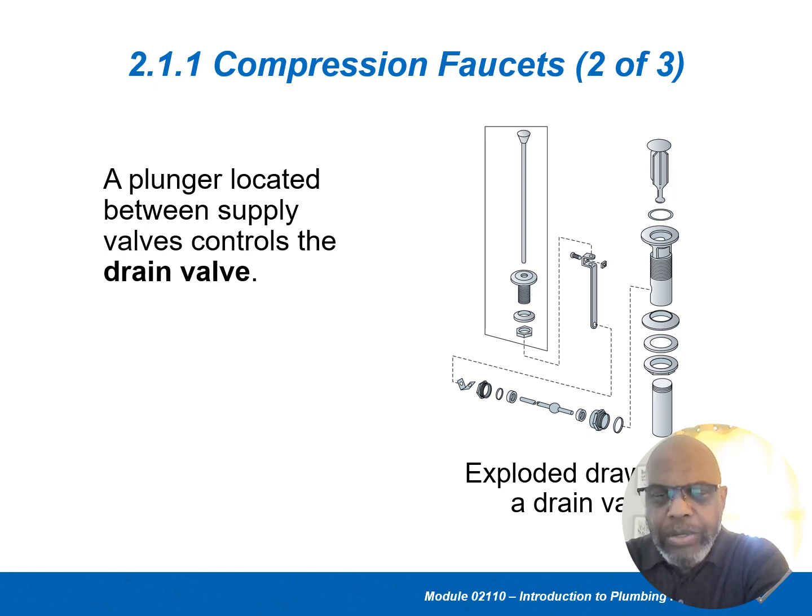With something really slick on it, it will allow you to tighten up this nut to keep it from leaking. This part sits above the bowl, and this fits underneath the bowl. This tail piece will go to your P-trap. And this is just a mechanism part of the tail piece that allows you to raise or lower this stopper here.